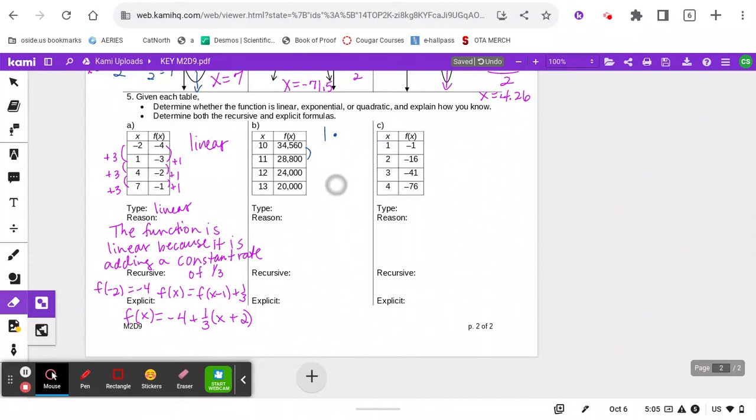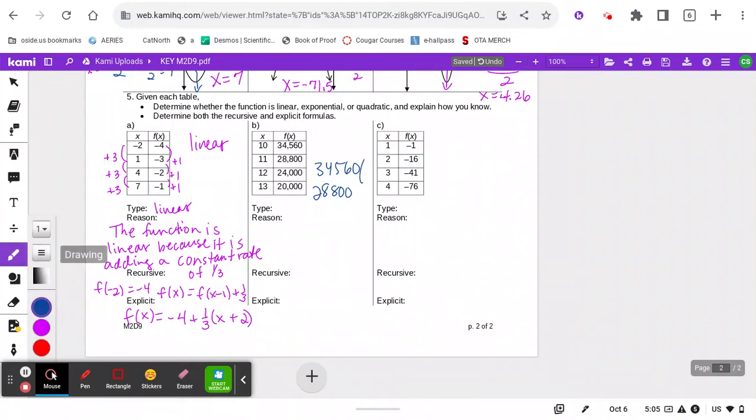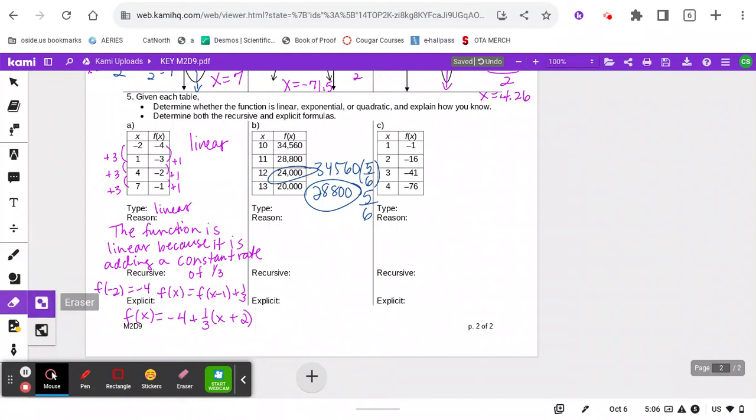Let's go check this out. 28,800 and 34,560. I'm going to go times 5/6. Let's see if that works. 34,560 times 5 divided by 6, and it gives me this. Now I'm going to take this and do times 5 divided by 6, and I get this one. I found my fraction.